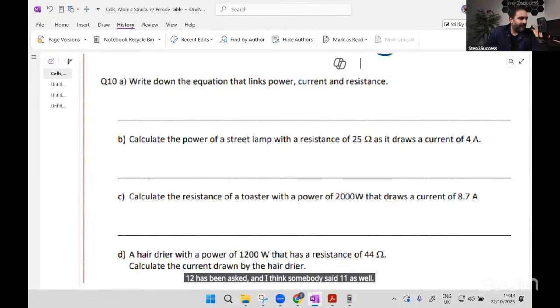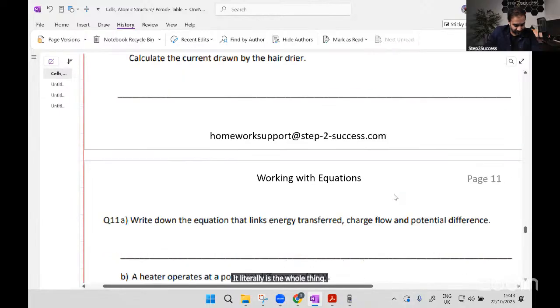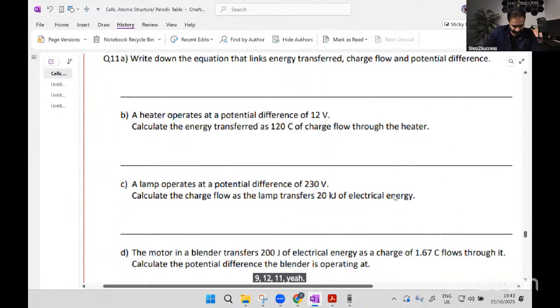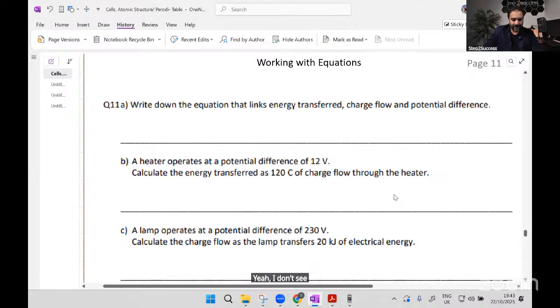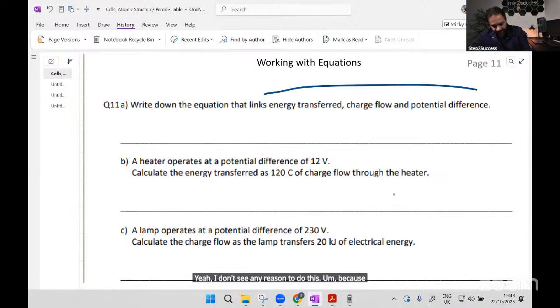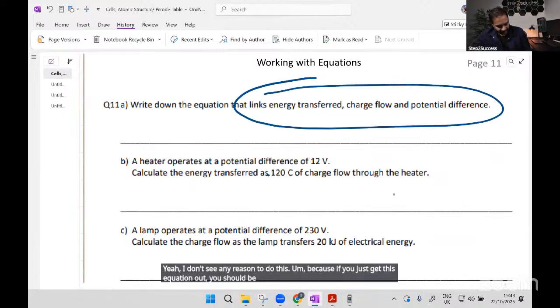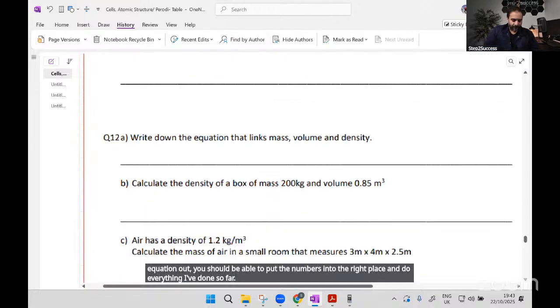It literally is the whole thing. 9, 12, 11, yeah. I don't see any reason to do this, because if you just get this equation out, you should be able to put the numbers into the right place and do everything I've done so far today.